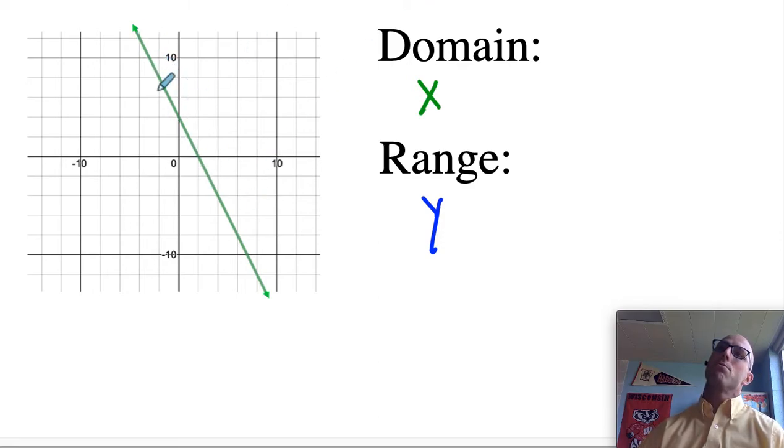And if I think about this graph, this is a linear graph. This is a line, and these arrows indicate that this line continues forever. So if I think about where my x values are going to lie with this function, I could choose any x value and it's going to be part of this function.